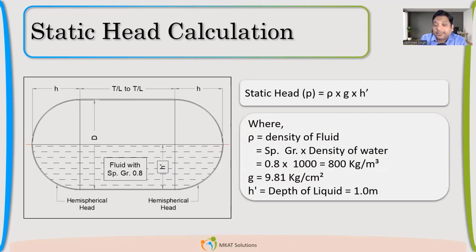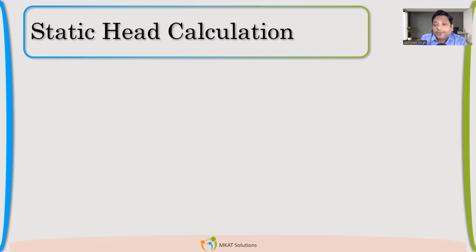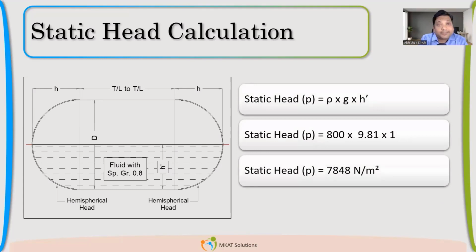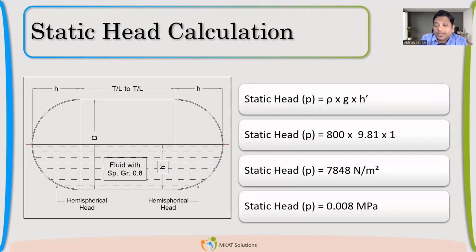So 800 kg per cubic meter if the specific gravity is 0.8. g is 9.81, h is 1 meter, because the height of the liquid is 1 meter. Now, if we put all these values, finally what value did we get for static head? 0.008 MPa. This is my static head.